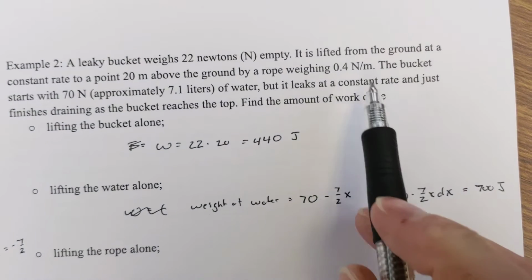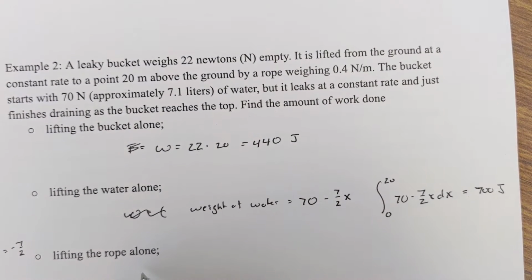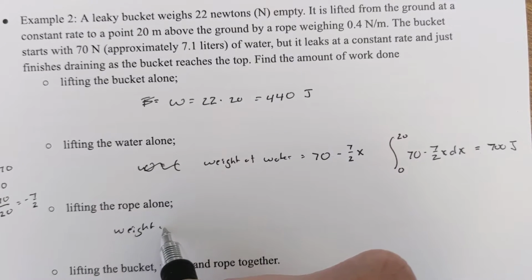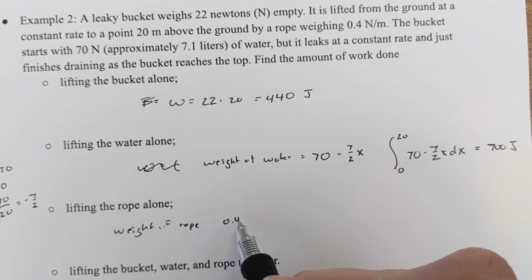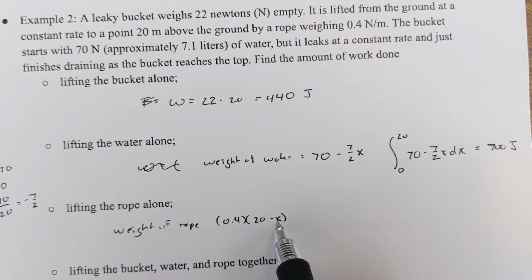Okay, so the rope weighs 0.4 newtons per meter. So the weight of the rope is 0.4 times 20 minus x. When x is 0, when I've lifted it nothing, it's the full weight, or 8 newtons.